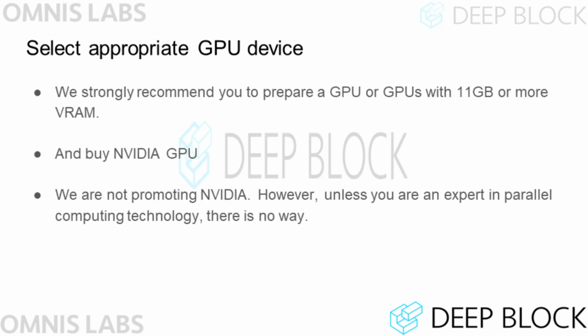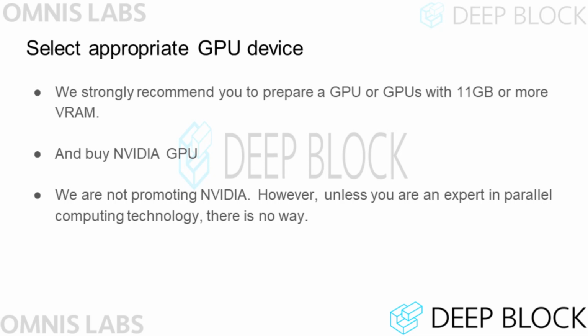In order to take advantage of deep learning technology, the computer must be equipped with an appropriate GPU device. We recommend installing a GPU with at least 11 GB of VRAM. We're not affiliated with NVIDIA, but the most recent deep learning technologies are implemented using NVIDIA's CUDA programming library.